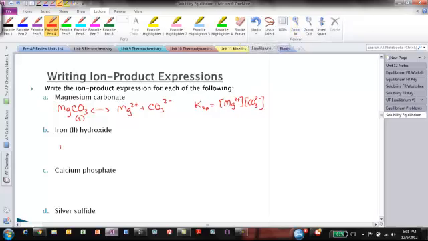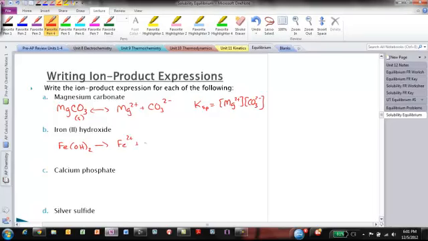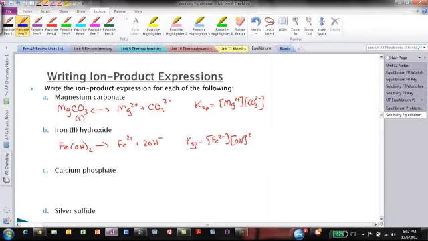So iron 2 hydroxide is Fe(OH)2. When it splits up, it goes into Fe2 plus and 2 OH negative. And the Ksp would be Fe2 plus times OH negative squared. They named it solubility product because it never has a denominator, and it's always just a product.